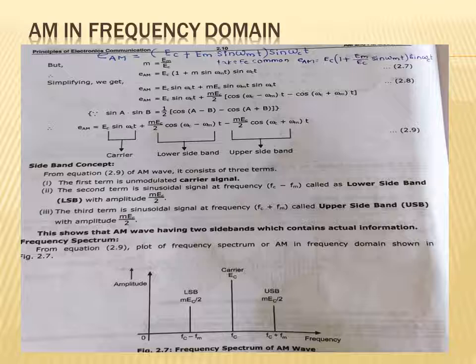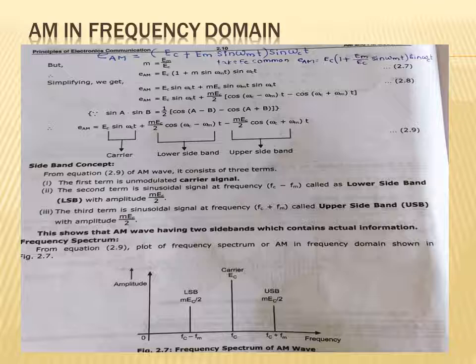Again we will simplify this equation by multiplying with EC. So EAM is equal to EC sine of omega CT plus M into EC sine of omega MT into sine of omega CT. We are multiplying EC and sine of omega CT into the bracket.